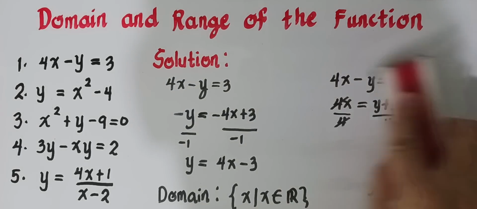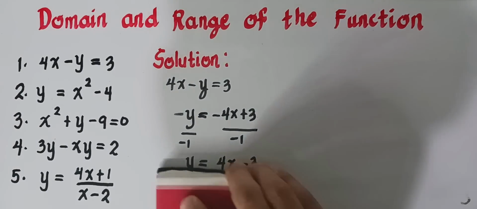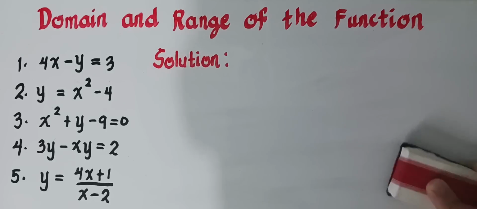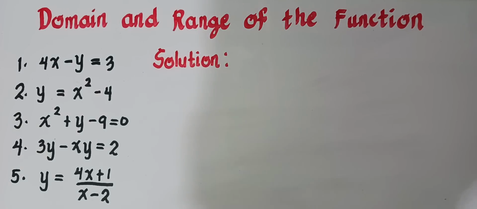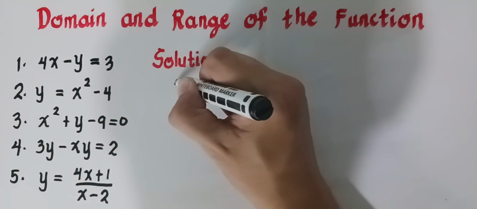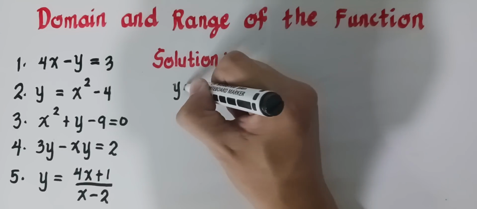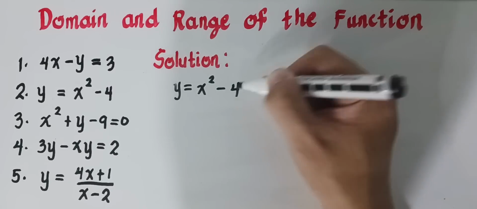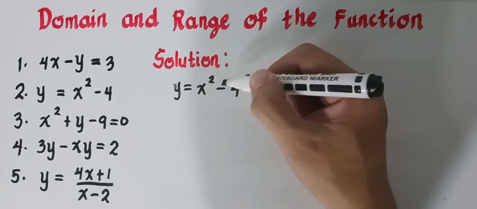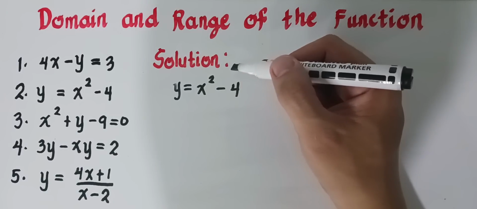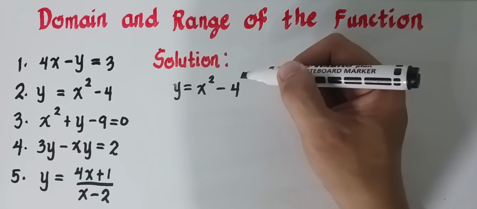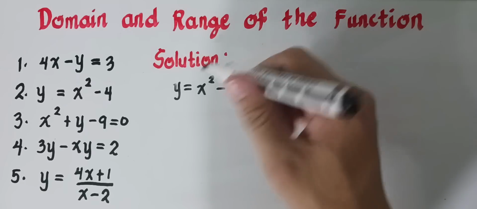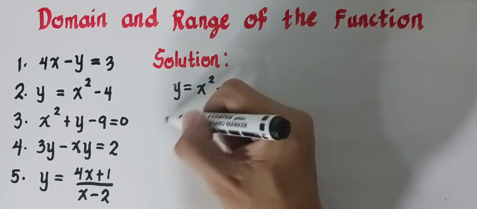Erase ko lang. Number 2 is y is equal to x squared minus 4. Okay, so paano natin sinasolve to? So, since y is equal to x squared minus 4 is already expressed for y in terms of x, so, madedetermine na natin yung domain, no?